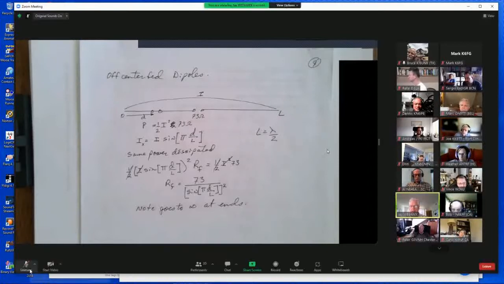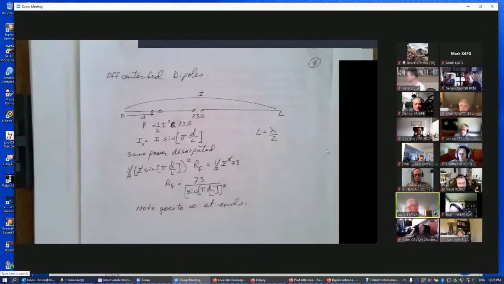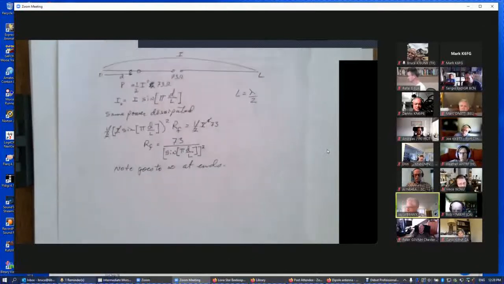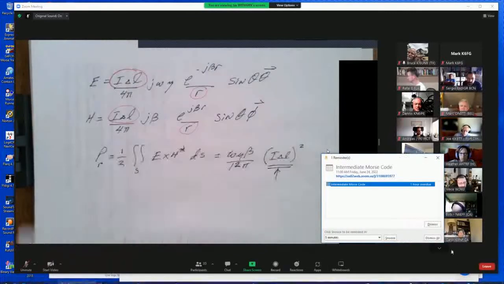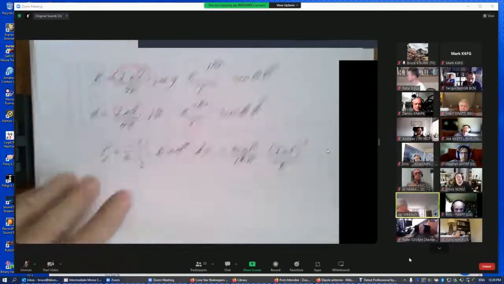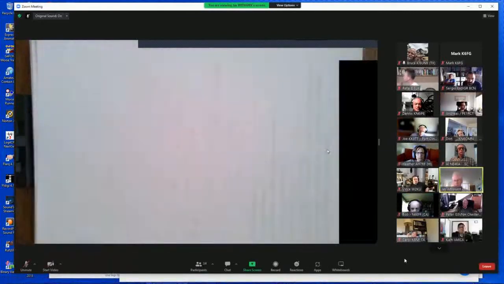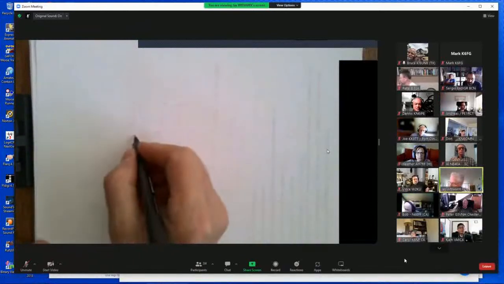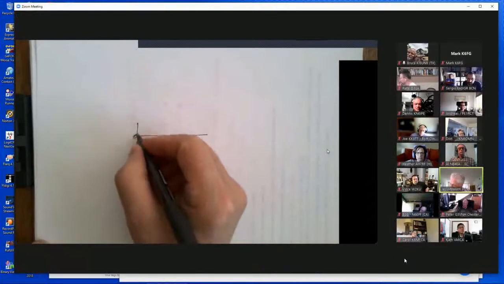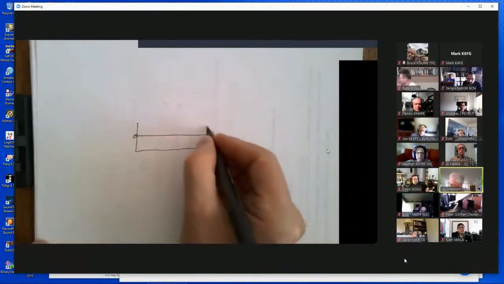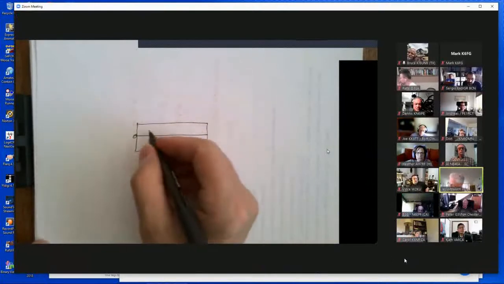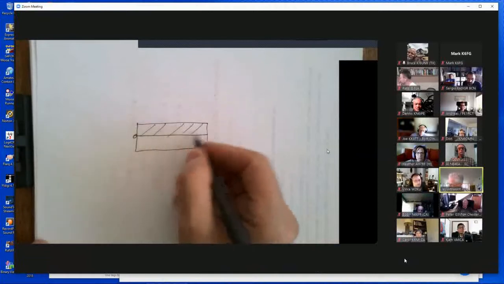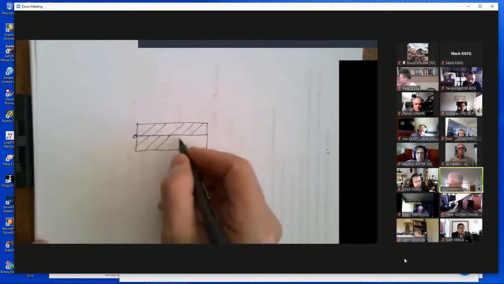Other things they've looked at are antennas where they take an antenna, let's say a dipole or let's say a vertical, and they will put it inside a block of material. So this is inside this block of material, which is not an insulator, it's a dielectric.